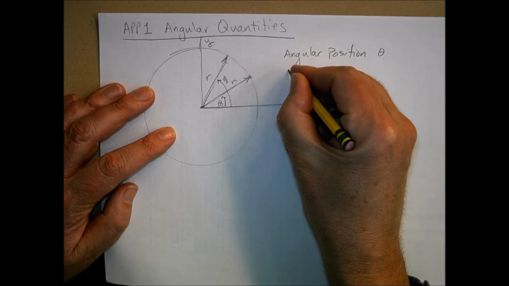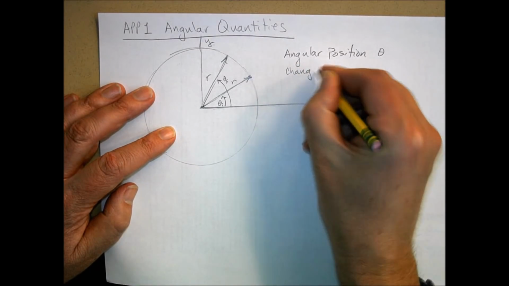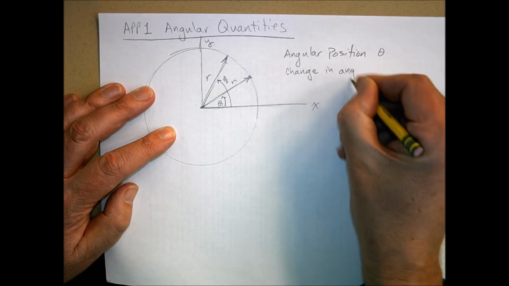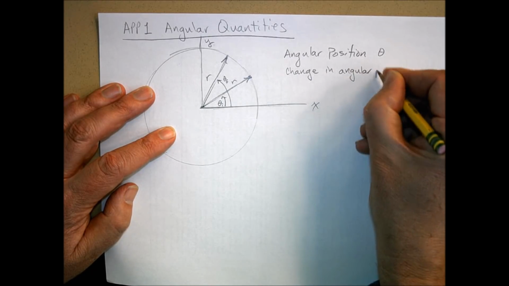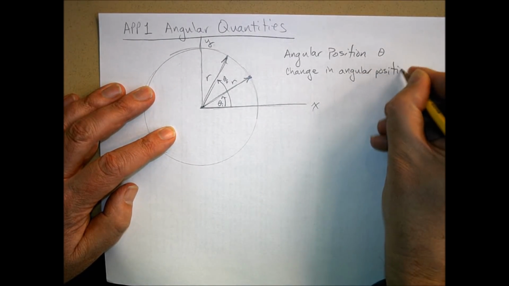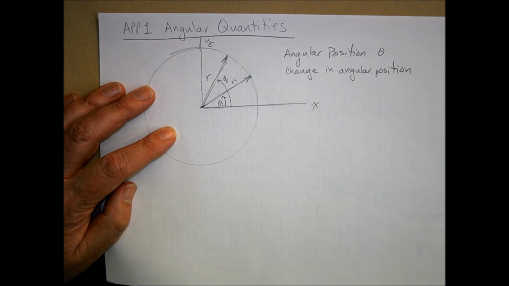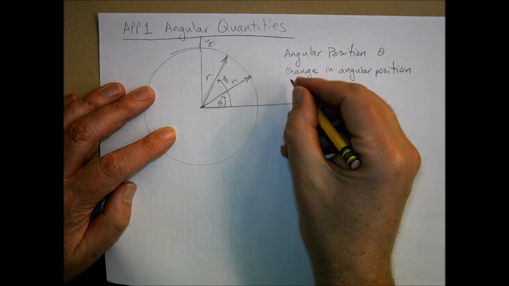So we changed our angle. We call that a change in angular position. Sometimes we'll call that an angular displacement. And we're going to call it delta theta.